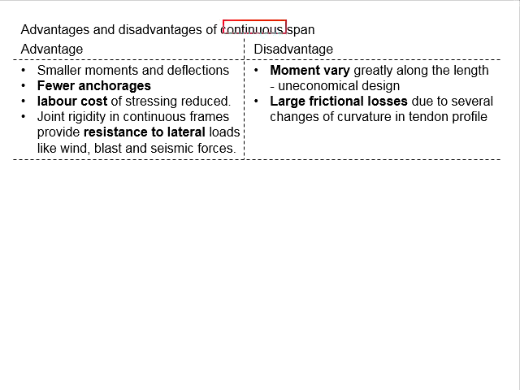Also, the continuous spans are normally associated with large frictional loss due to the several changes of curvature in the tendon profile. If you see our example in the previous chapters, frictional loss is one of the significant short-term losses that you can obtain from a post-tension member.